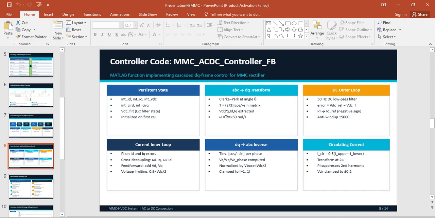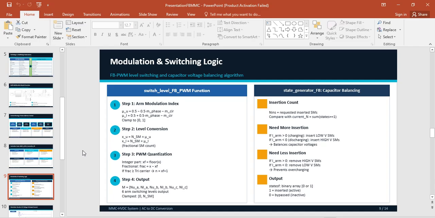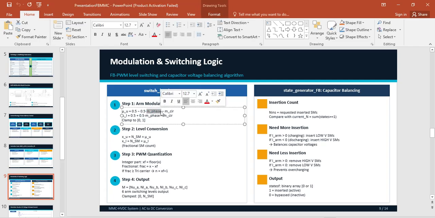These are the different states of the code. All right, so here we have explained how the switching function is performed. This is the reference signal that we have sent.